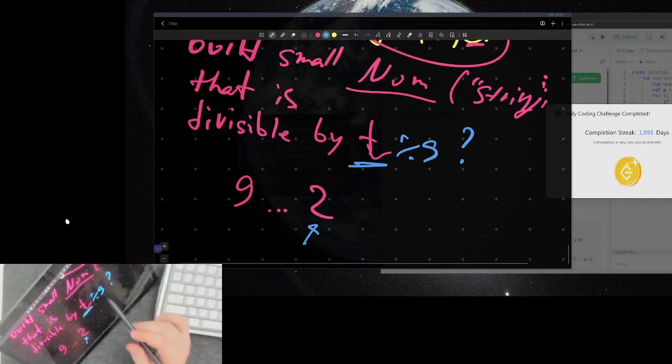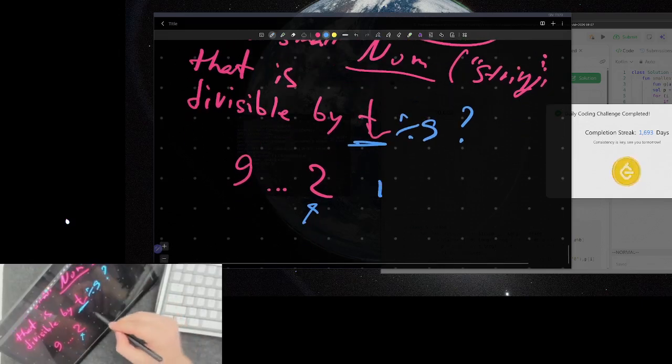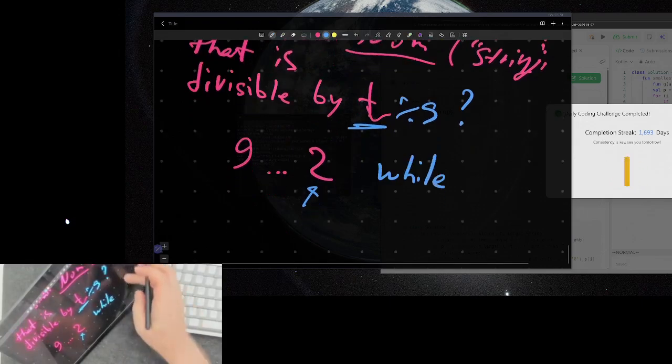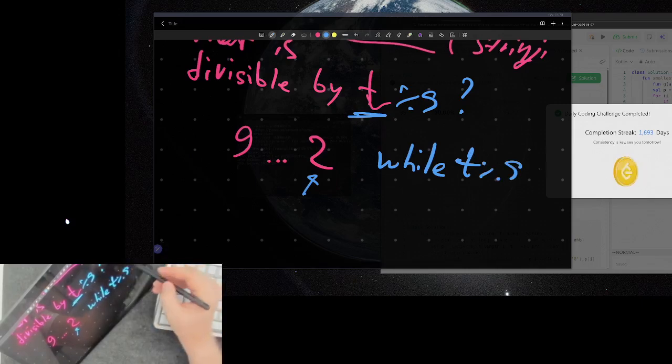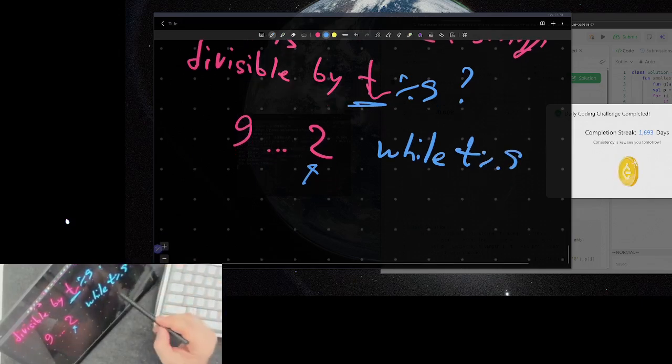If it's not, skip. If it is, just do it, append while it's divisible. Append it, meaning prepend. So we're going 9, 9, 9.